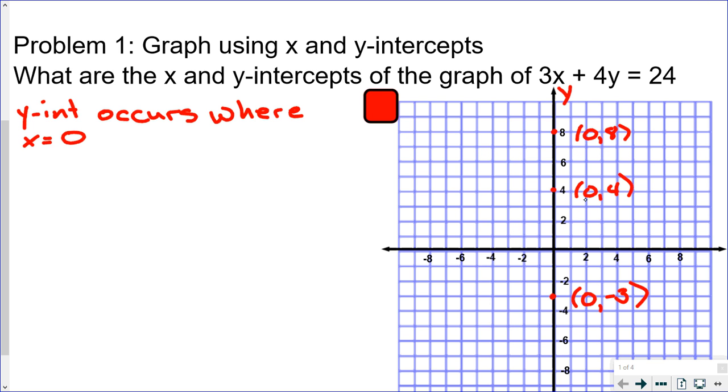So the x value on a y-intercept will always be 0. Again, this is an x, that's an x, this is an xy ordered pair. X comes first, just like in the alphabet. So the x value is always 0 at the y-intercept. Okay, so that's an important thing to recognize, and we're going to use that to our benefit.